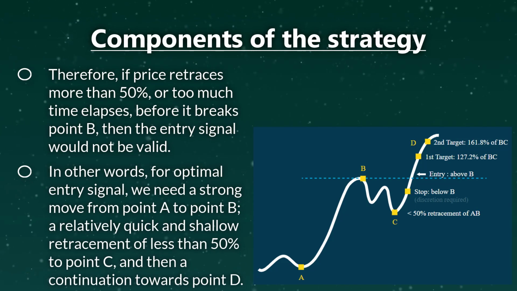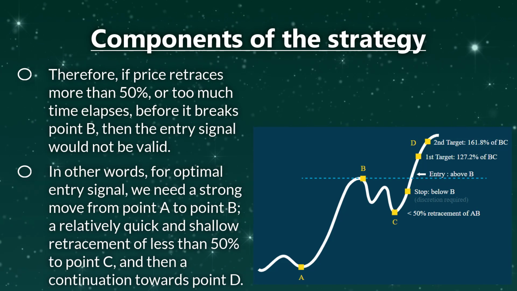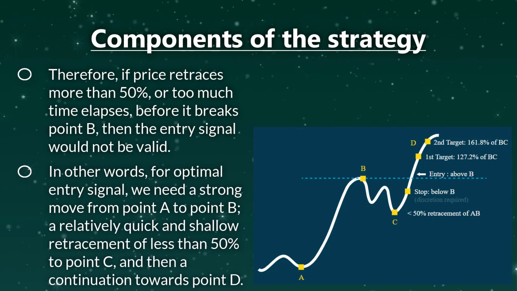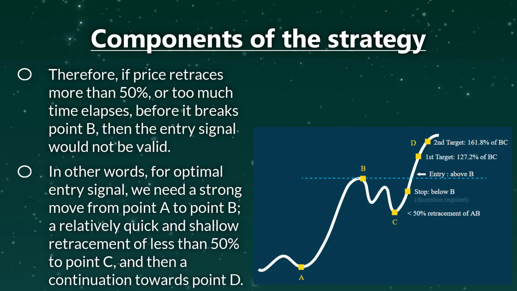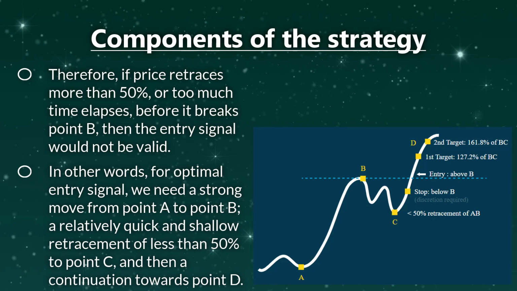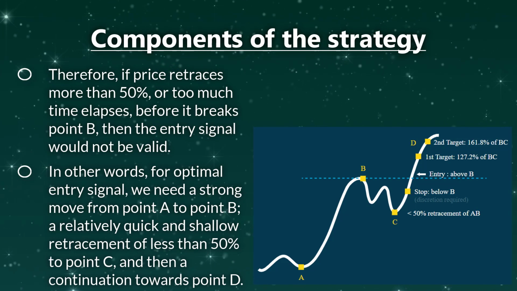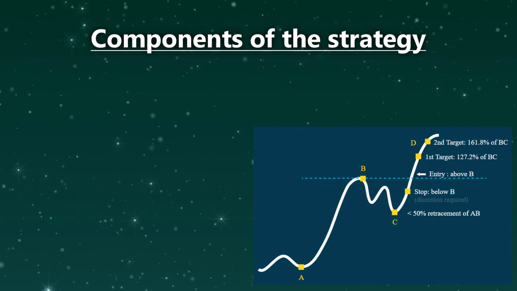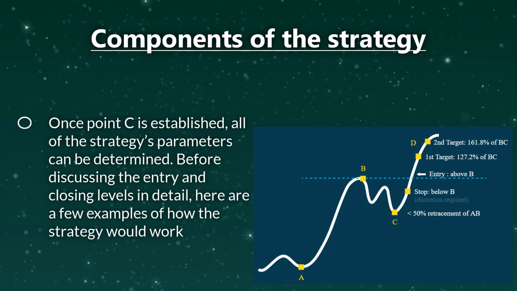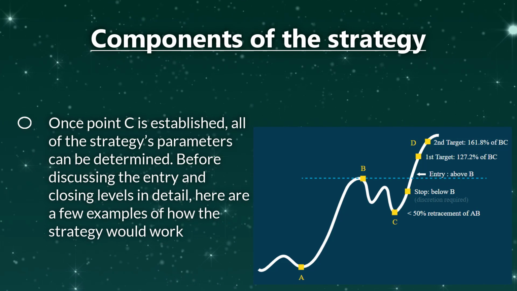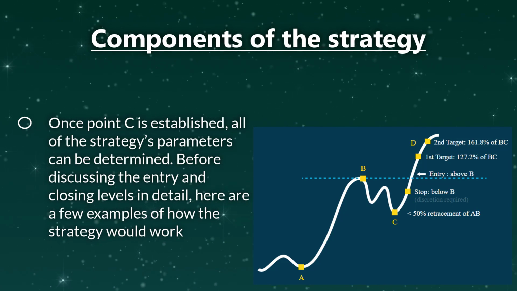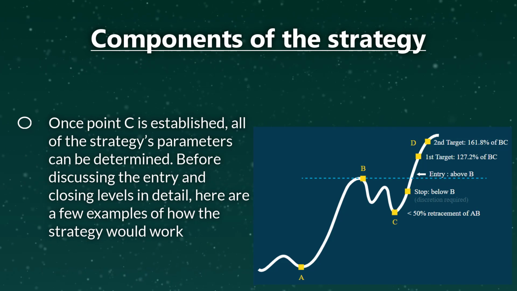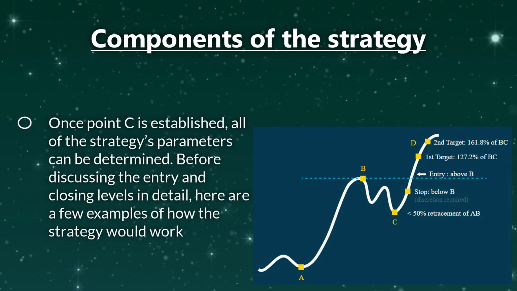In other words, for optimal entry signal, we need a strong move from point A to point B, a relatively quick and shallow retracement of less than 50% to point C, and then a continuation towards point D. Once point C is established, all of the strategy's parameters can be determined. Before discussing the entry and closing levels in detail, here are a few examples of how the strategy would work.